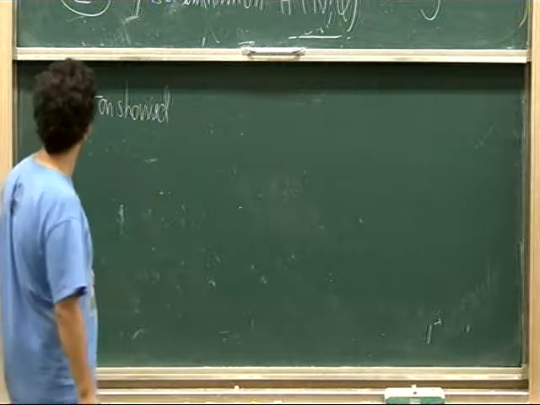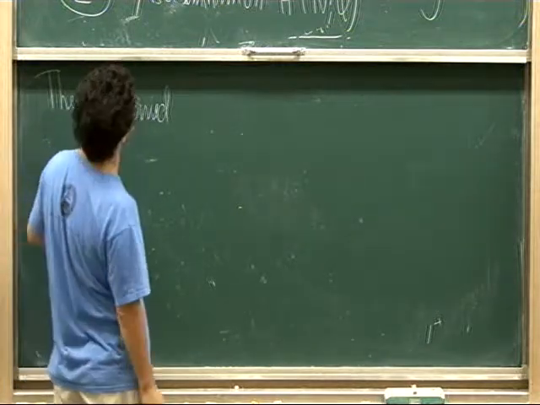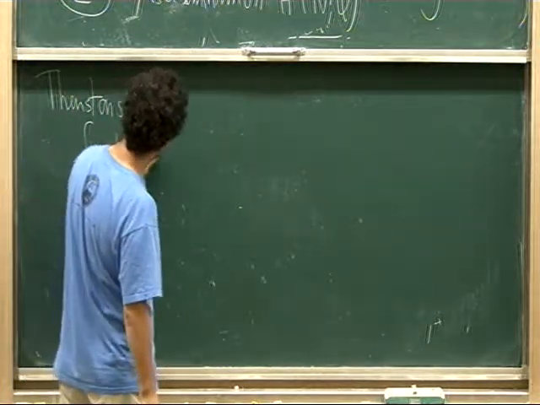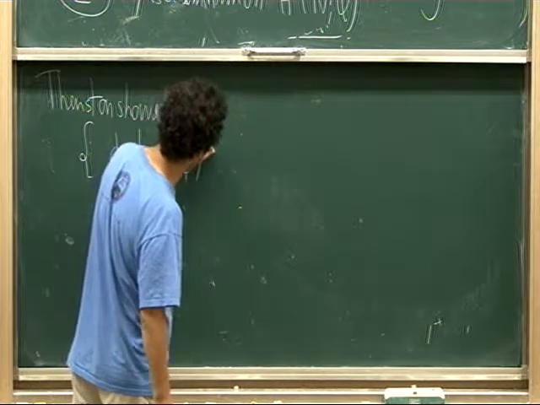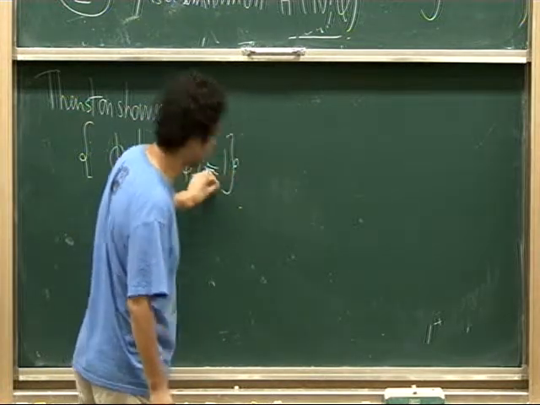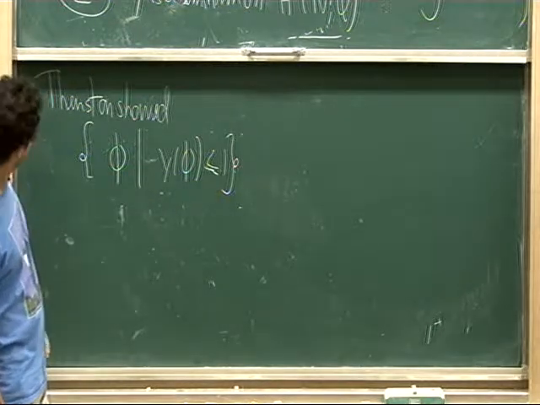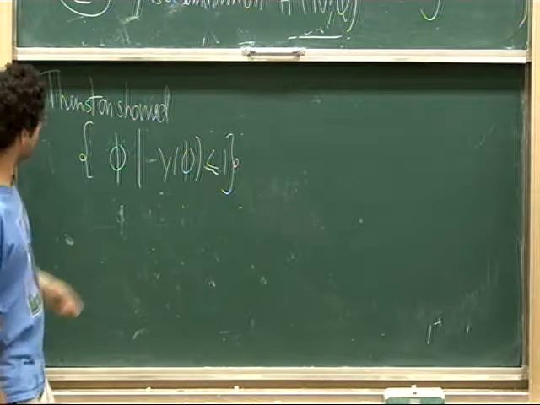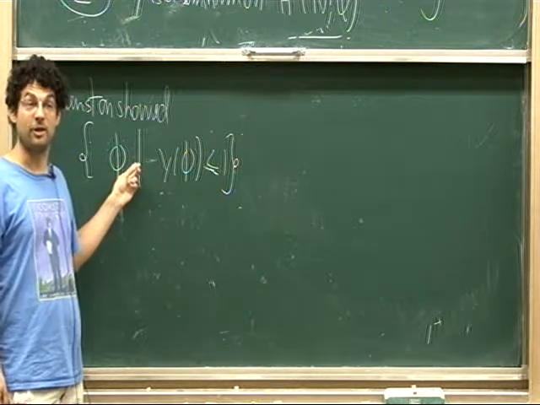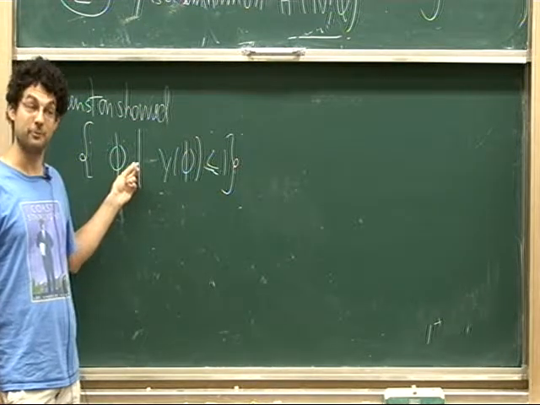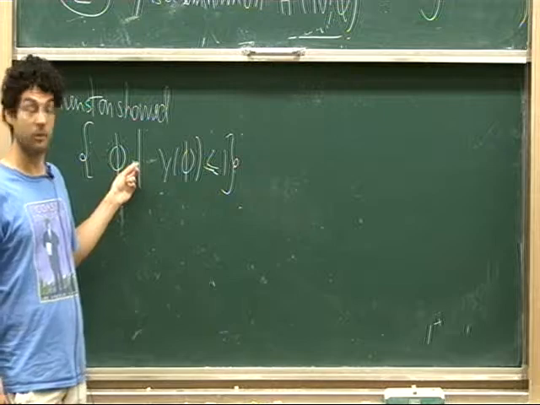What do I mean? You can look at all phi's such that y of phi is less than or equal to 1. That's now a subset of H^1. If you know that subset, you also know y. You can just recover one from the other.